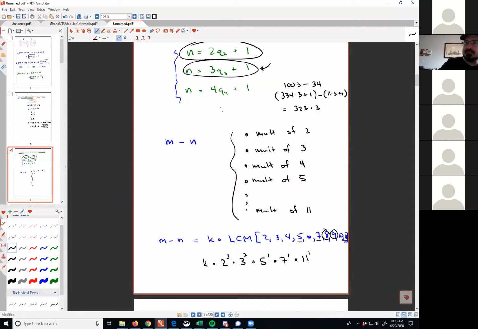Well, I don't think we're done. We needed to find the LCM, so we know that that's the LCM divided by k. What is this LCM? Somebody multiply that out for me.